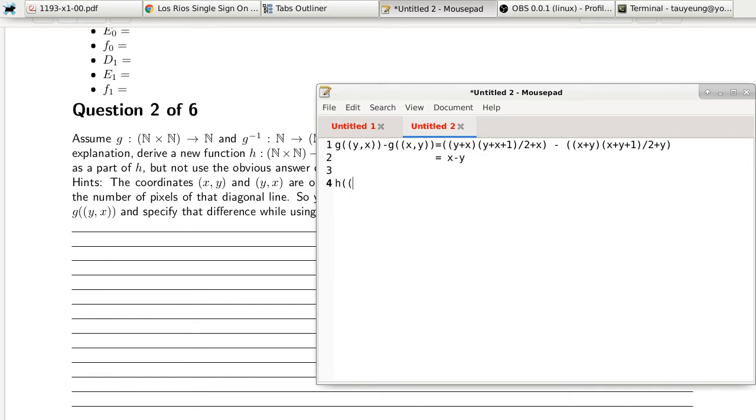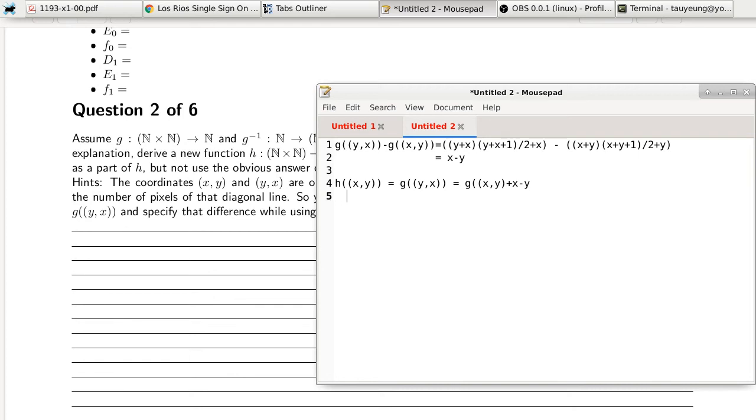So g of yx is now expressed as g of xy plus x minus y. So that's the intended answer.